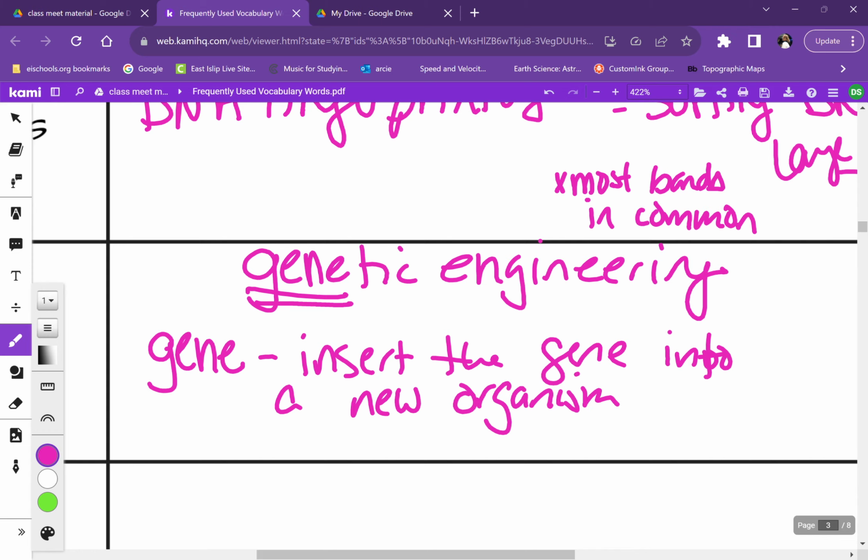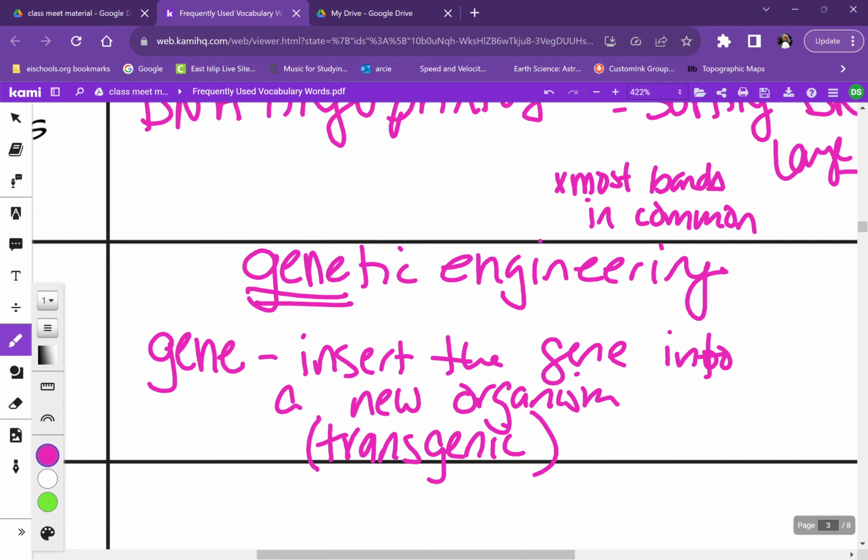You don't have to know this word, but the organism that has that new gene is now going to be called transgenic. Right? Trans, we've changed the genes. Transgenic. Trans meaning to change, and genic meaning the genes.